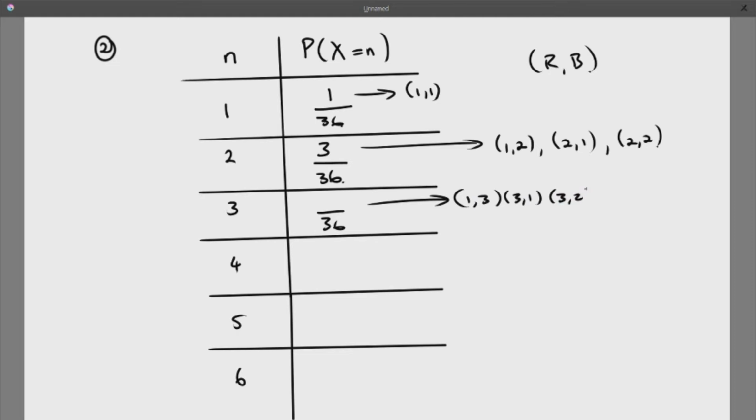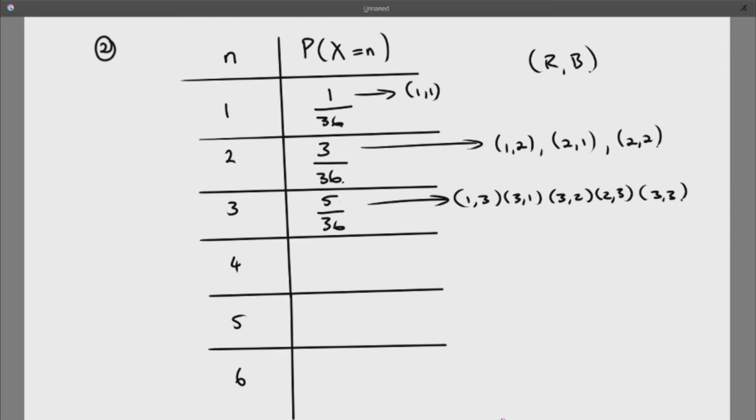I can also get 2, 3 and 3, 2, and 3, 3. Nothing else can happen. As long as there's a 3 in my pair, and the other number is 3 or less, the largest one is going to be a 3. So in this case, I have 5 pairs out of the 36 that will give me that result.